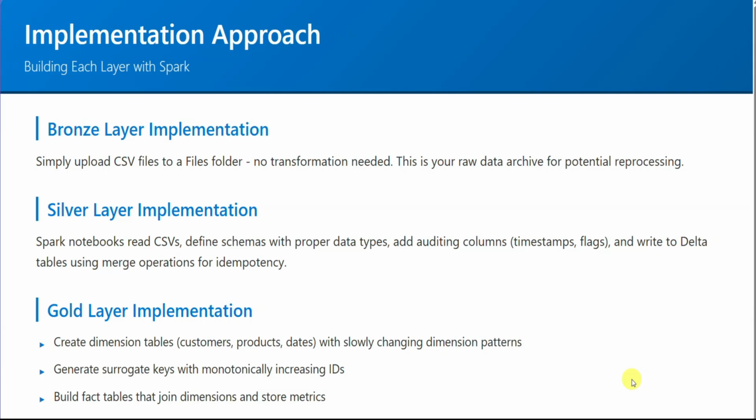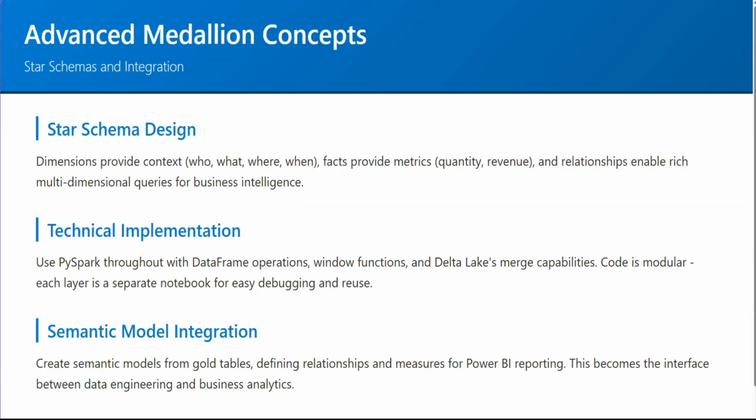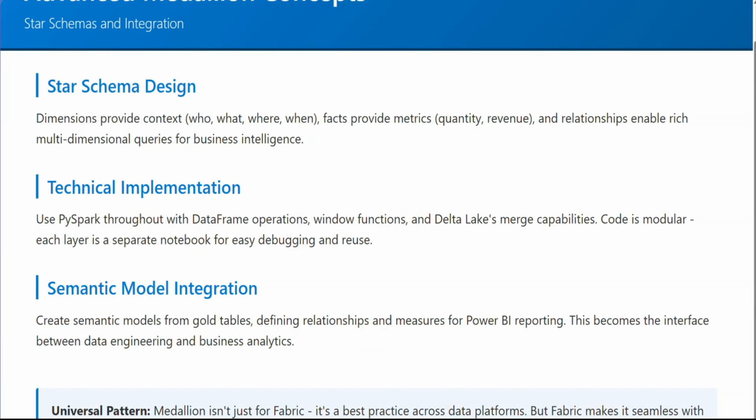Then we'll build a fact table that joins dimensions and stores metrics like quantity and revenue. So the result is a complete star schema optimized for analytics.